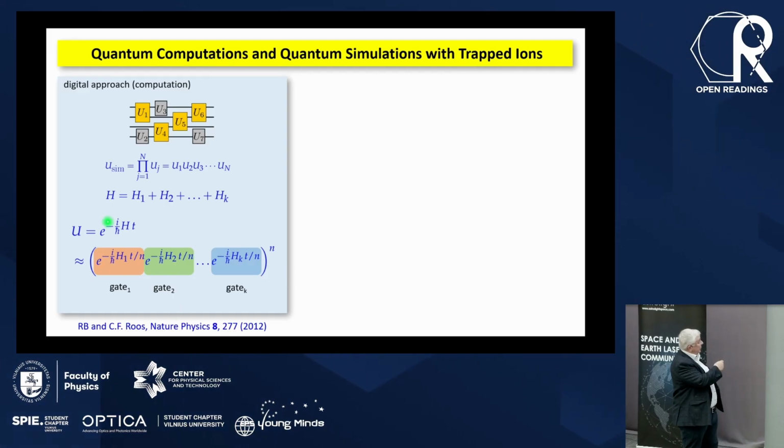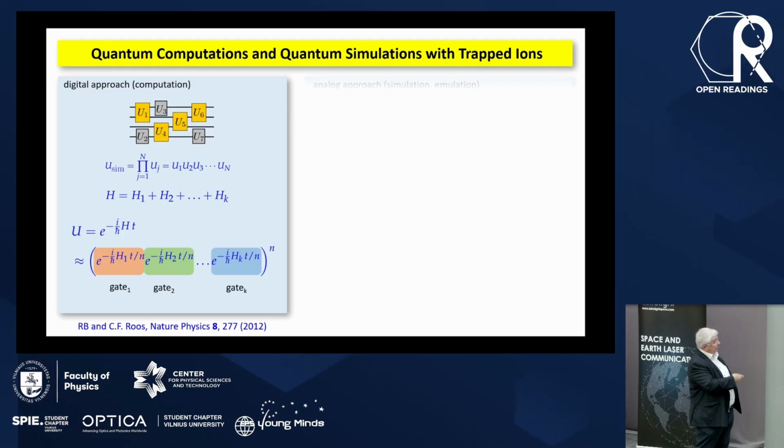So you just replace this by piecewise application of the piecewise Hamiltonians right here for a certain time slice, put them together, that's what we call a full Trotter step, and repeat this n times, and then this approximates the unitary behavior, the finer the slices here are. So that's the digital approach.